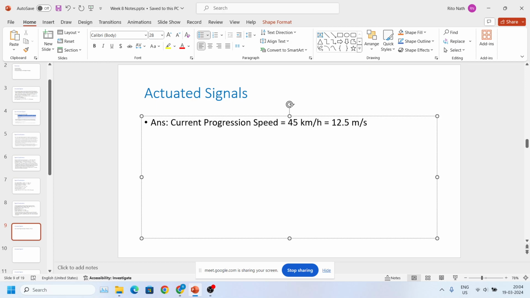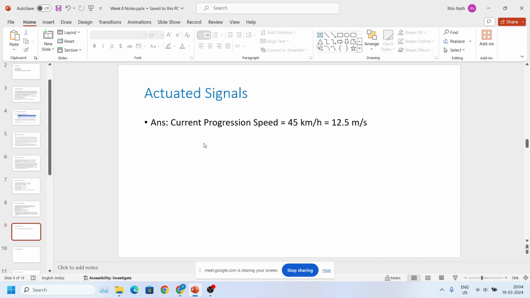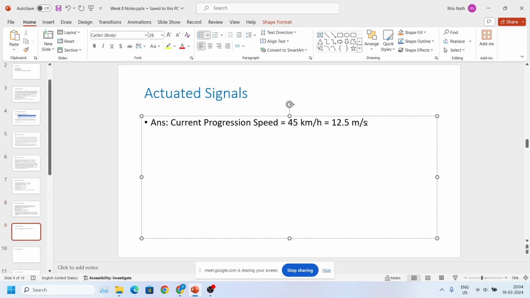Next, because of the reduction in the speed, you have updated vehicle speed or progression speed, whatever you call it.